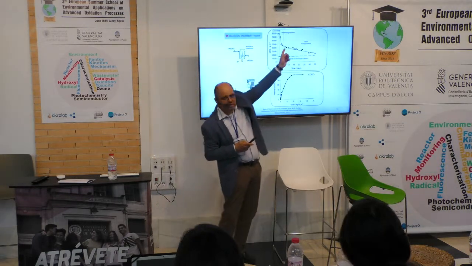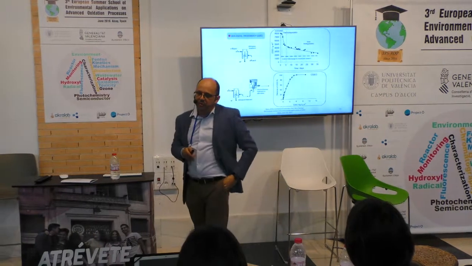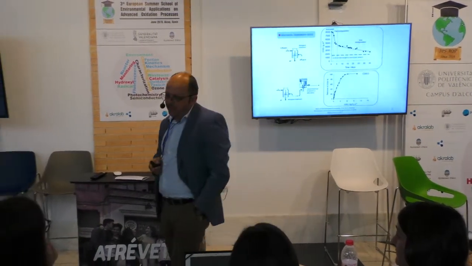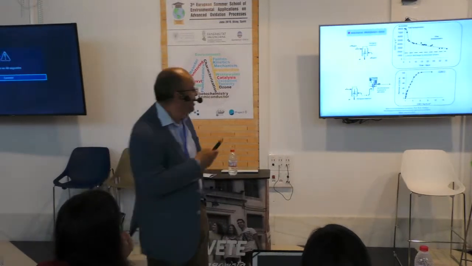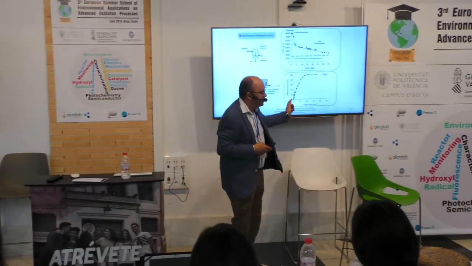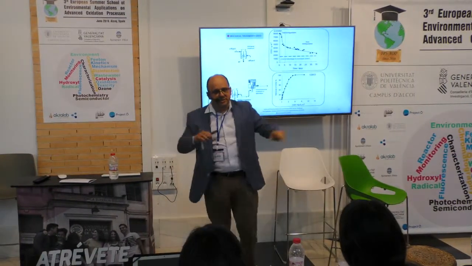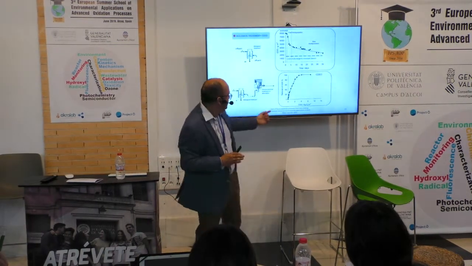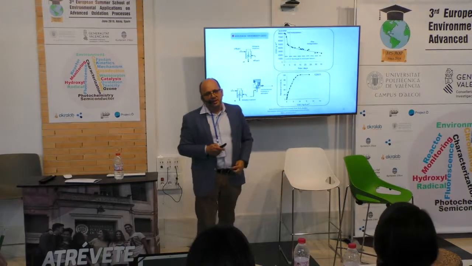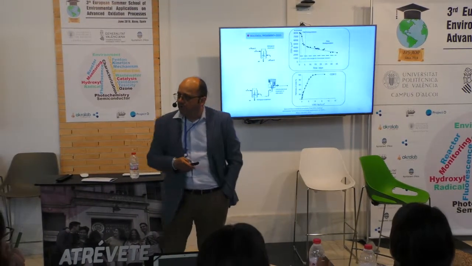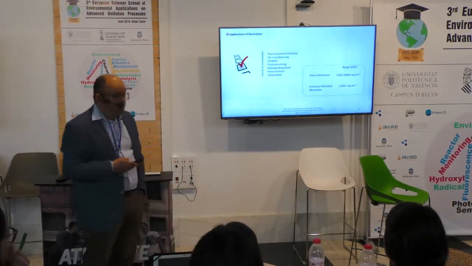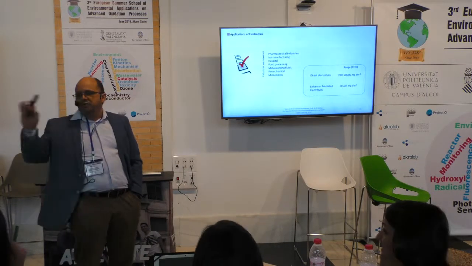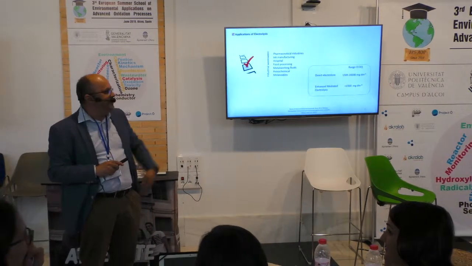After the biological treatment, you can decrease the COD down to 4,000 ppm. And with the electrochemical cell, you can decrease the COD down to the value you want. Okay? And using not very high amounts of energy.